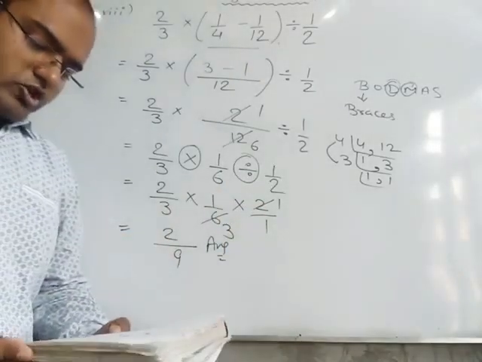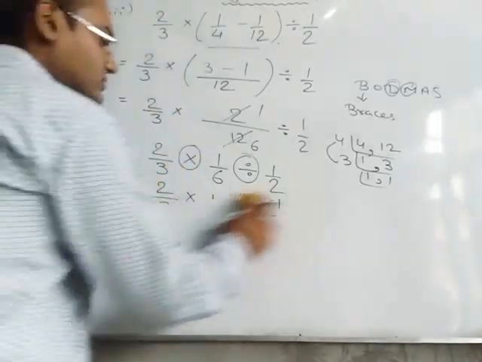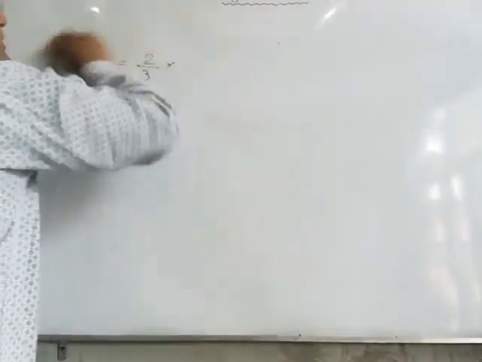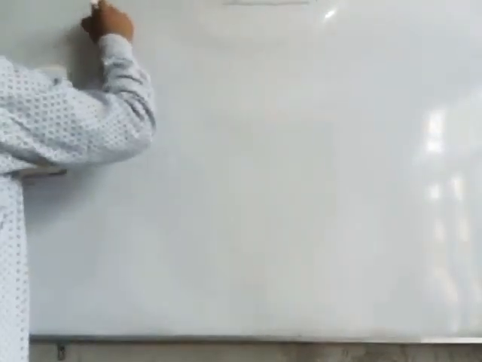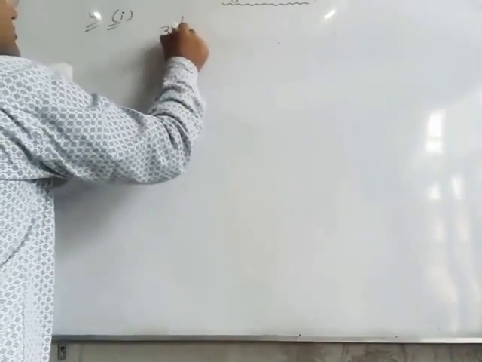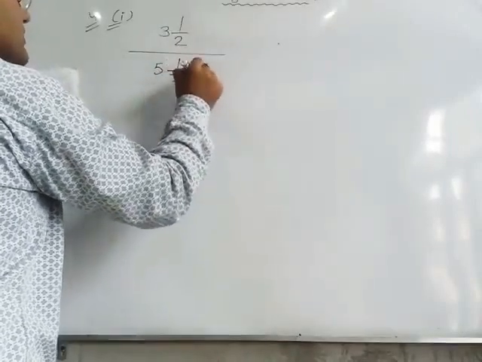Now question number 4, first part, all of you see. Fourth question, first part. 3 whole 1 upon 2 divided by 5 whole 1 upon 7.